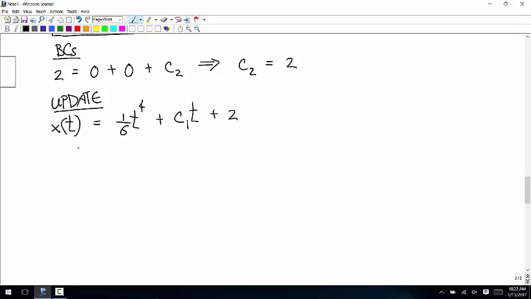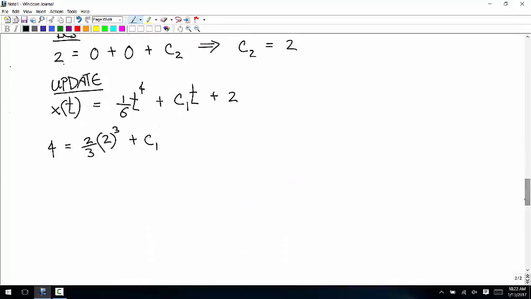So 4 is equal to 2/3 of 2 to the 3rd plus c1. Is that right? Yes. Any questions about where I got this expression?